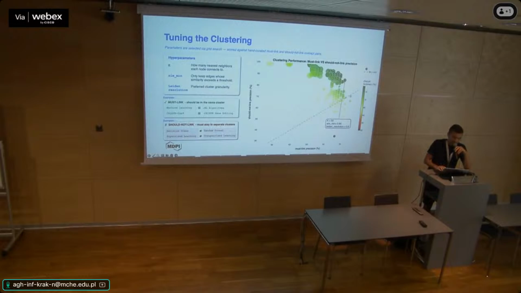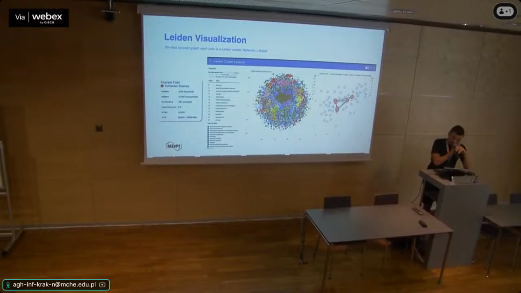We found this hyperparameter set, and it gave around 75,000 distinct concepts in the end. Then we built many visualizations with NetworkX and Bokeh, in order to visualize and inspect, going back and forth to improve our models.